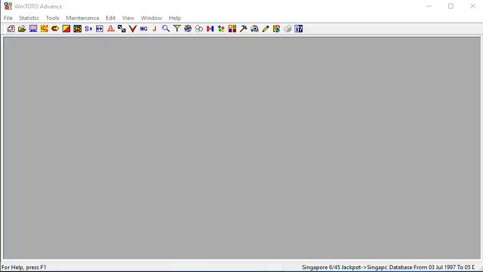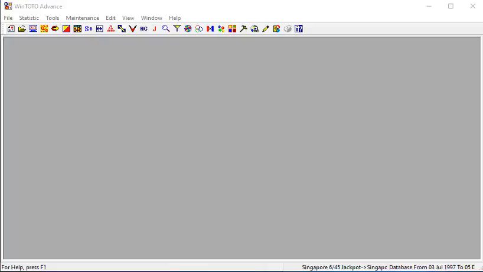Now let's come to this point about Toto lottery games being ever changing. In the year 2004, when we launched WinToto Advanced, in Singapore Toto there were only 45 numbers. And today, we are looking at 49 numbers. I would say that most software sold in the market by other companies is facing a problem because there are no ongoing developments.